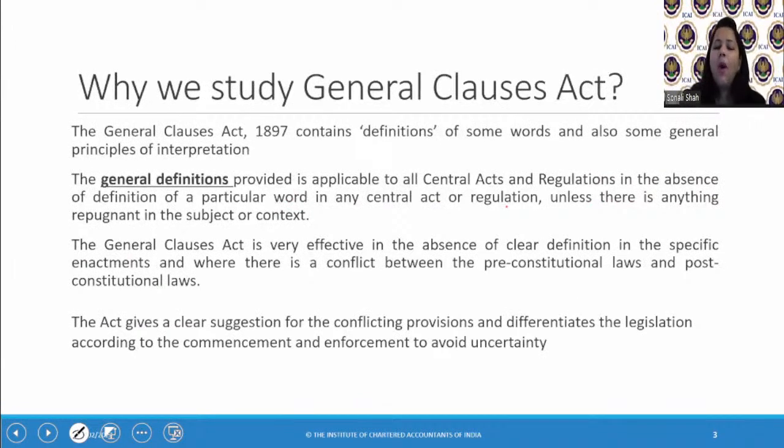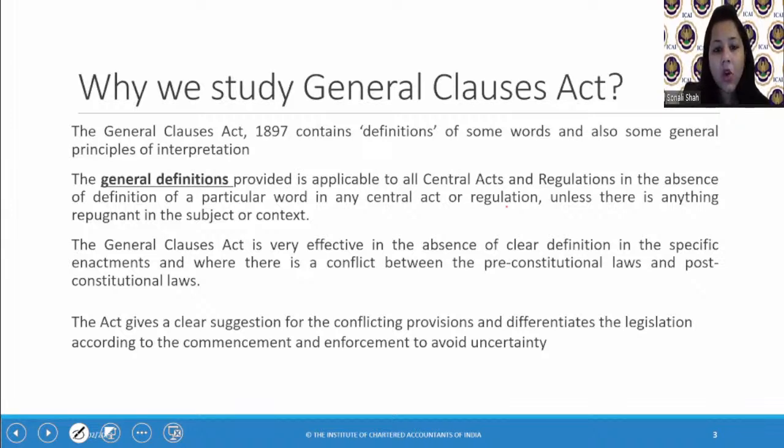Now, why is there even a need to study the General Clauses Act? Because the General Clauses Act becomes extremely relevant when a particular term has not been defined in that act. If a term has not been defined in the particular act, we look out for its meaning in the General Clauses Act. We all know that in the initial sections of an act, like the Companies Act, section 2 is the definition part.